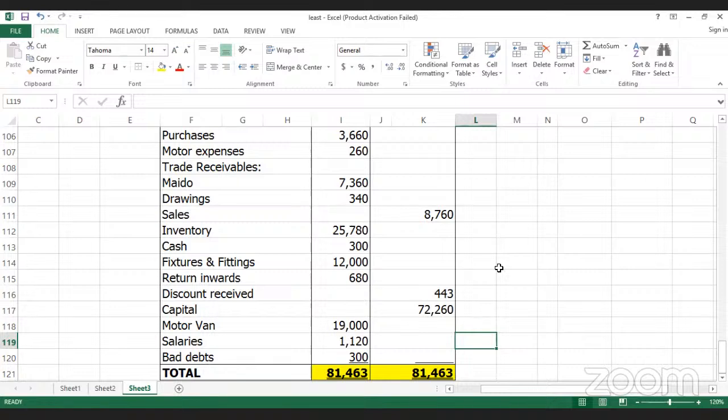But if the ledger account has no balance, if the account is closed, then you don't enter that in the trial balance.